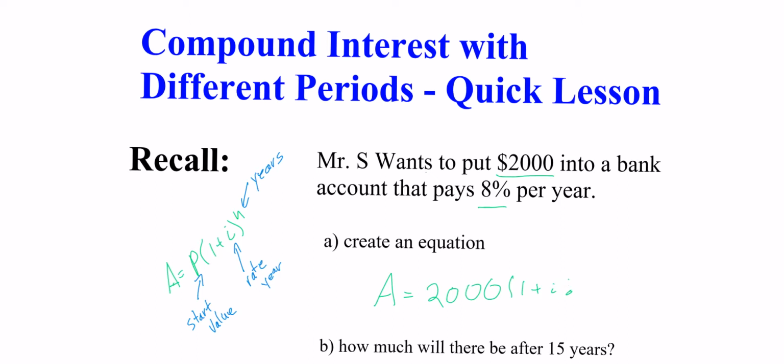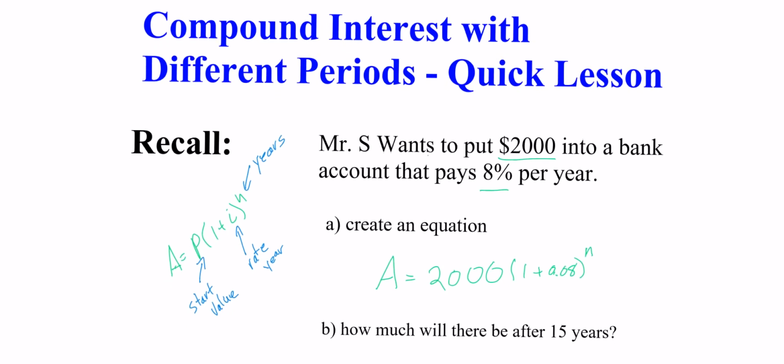But you recall 8% is the same as saying 0.08. And n is our year. Now you'll notice that this looks very similar to exponential equations. I always remind you that the basic compound interest problem is very similar to the exponential equations we learned about last unit.